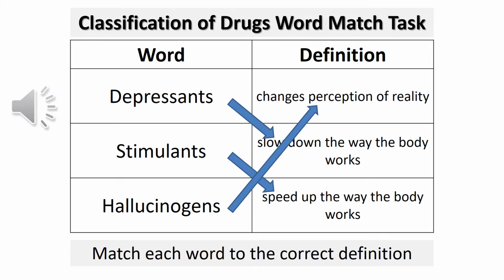I don't mind if you just label the depressant, stimulant and hallucinogen as A, B and C, and then on your right hand side you can label them as 1, 2 and 3 and then match them up. So you might put depressant box A with box number 2 on your right hand side, or you may put box number A depressant with box number 1 on the right hand side. Do this in your book and let's see if you got them right.